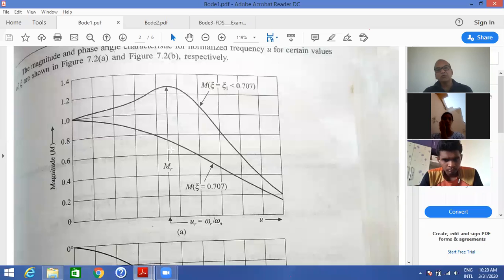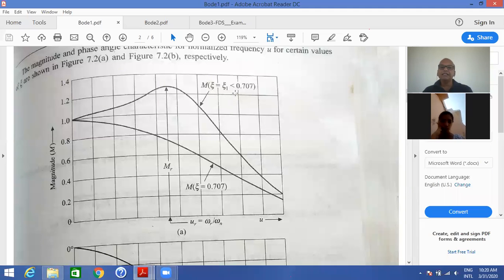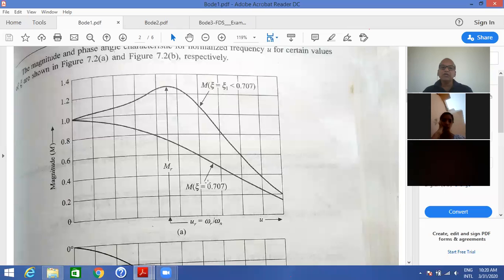The response gets decreased, as the response of a control system depends upon the value of ζ. The value of ζ lies between 0 and 1. If the value of ζ is less than 1 but greater than 0, and if ζ is less than 0.707, then the magnitude gets increased.